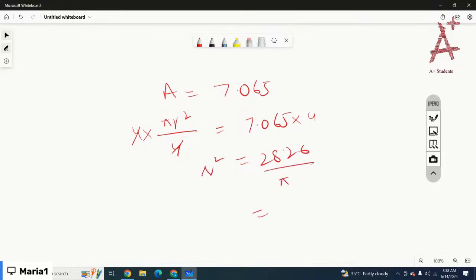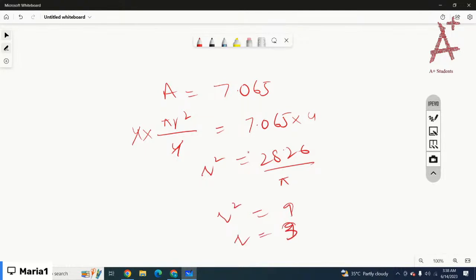So it would be 28.26 divided by 3.14. So it would be just 9. Got it? r square is 9. That means r equals 3.